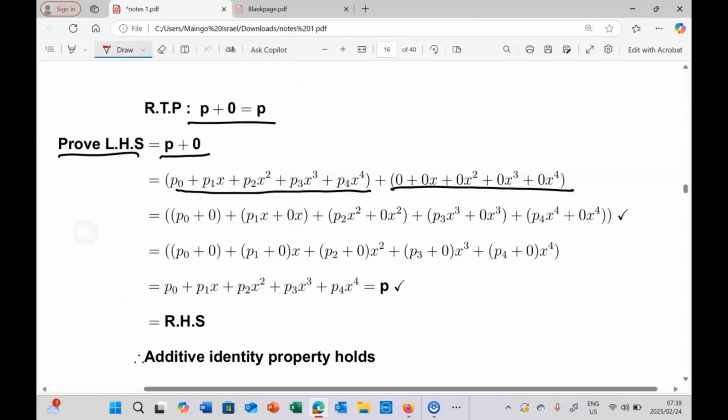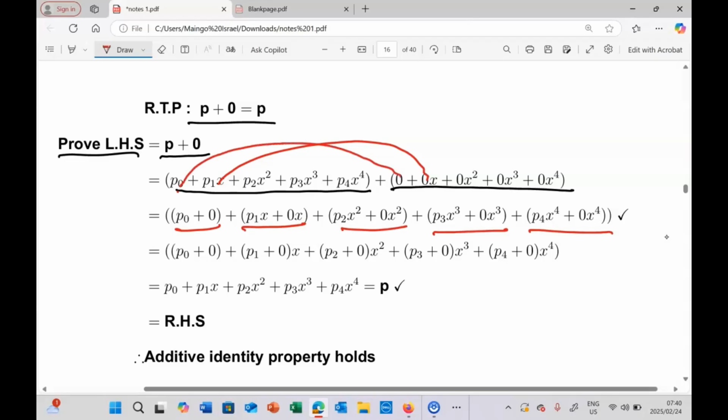What we have to do is just add the corresponding like terms. So p0 plus 0, then we are just adding this and this and this and this, and that. It's a very simple thing. So that's what we have here.